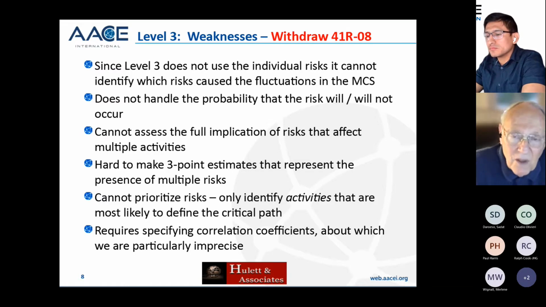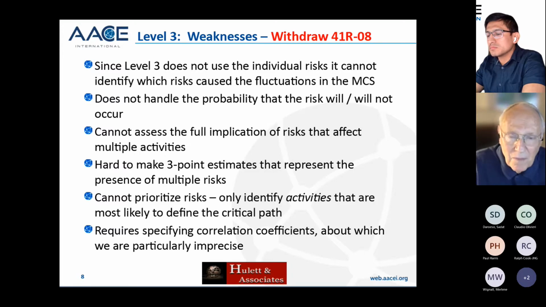And you cannot assess the full impact of risks that affect multiple activities. So if you identify a risk and it affects 100 activities or 3 activities or 1,000 activities, the number of activities it affects may very well make it a very important risk or a very unimportant risk with the same probability and impact parameters.